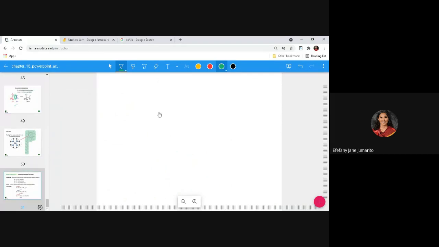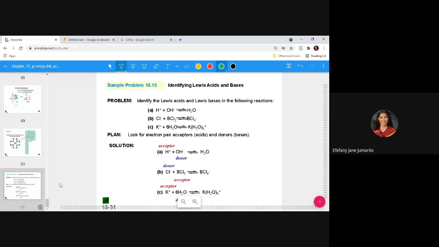Now, identifying Lewis acids and bases. Identify the Lewis acids and bases in the following reactions. If we have the first reaction, H plus and OH minus, it will still yield H2O.